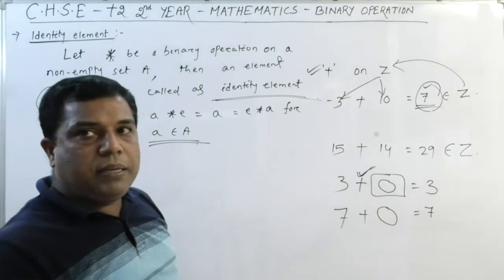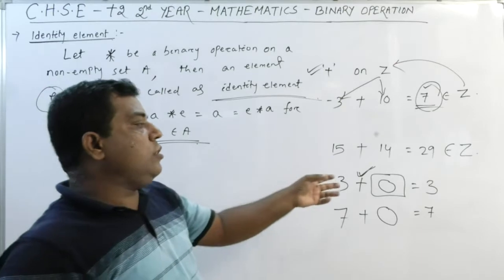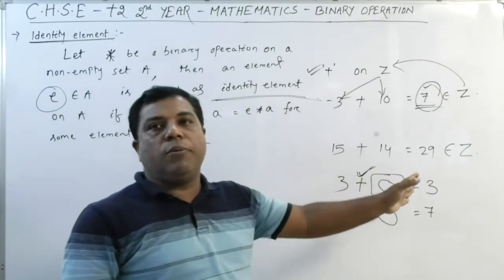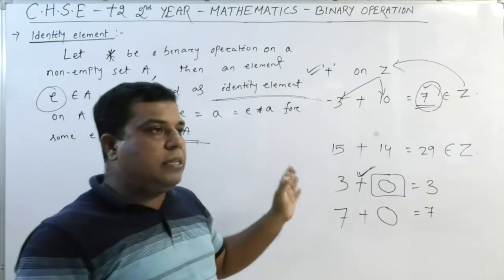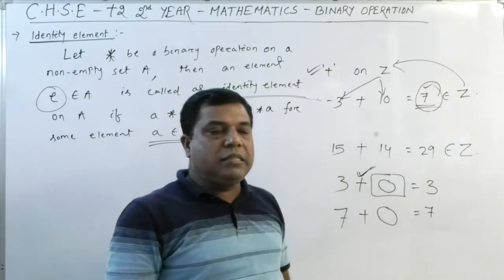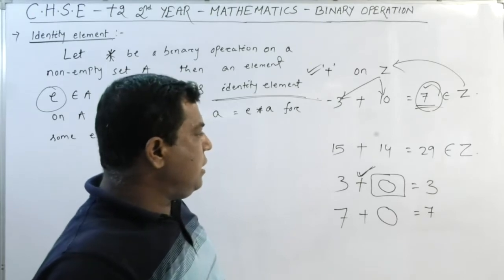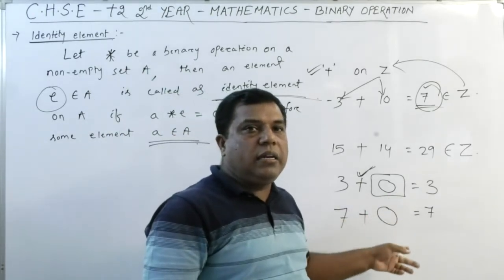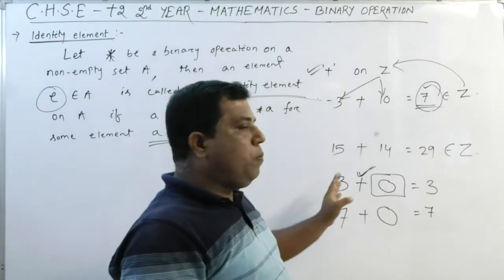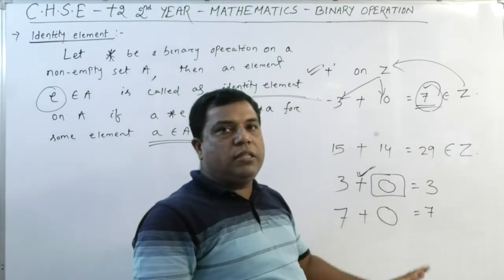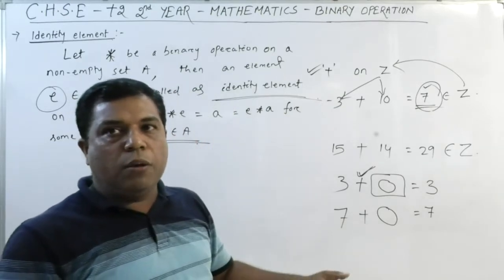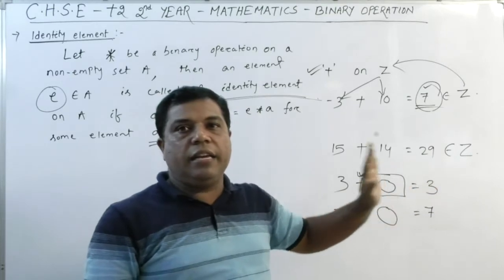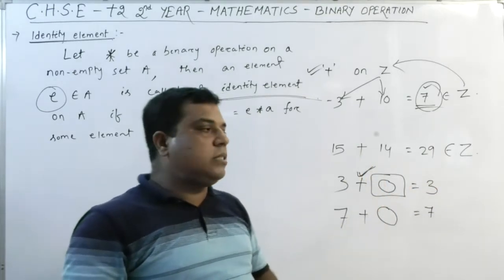Now identity means what? Identity means such an element which can operate with 3 but does not change the value of 3. The original element remains as it is. So you can see 0 is acting as an identity element, because if you operate 3 with 0 in the process of addition, 3 remains as 3, 7 remains as 7.